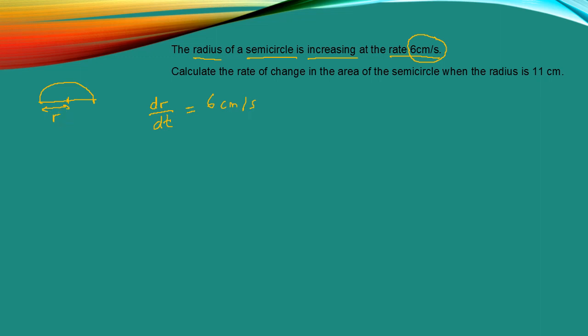Then the question wants us to find the rate of change in the area of the semicircle. So we want to find the changes of area. Let's say we put the variable for area as A. So we want to find the change of A, so we write dA. dA refers to the change of area.